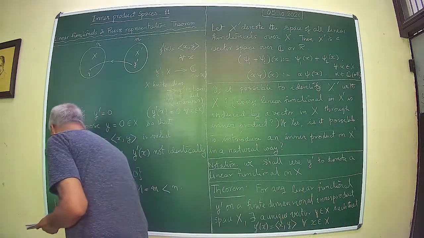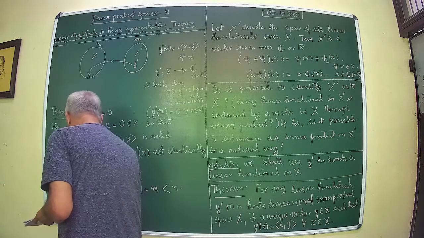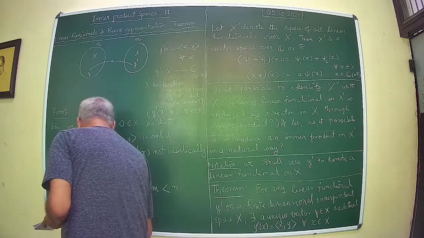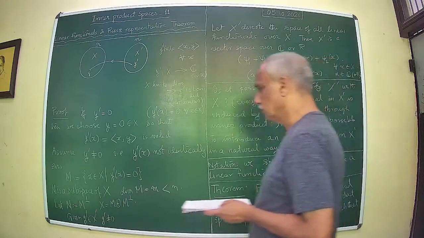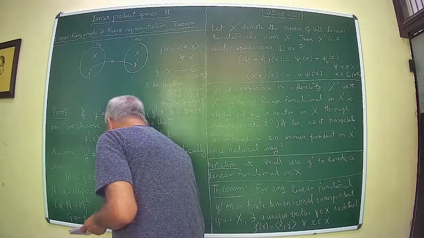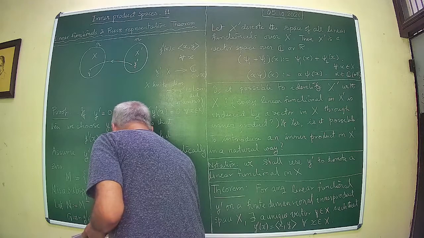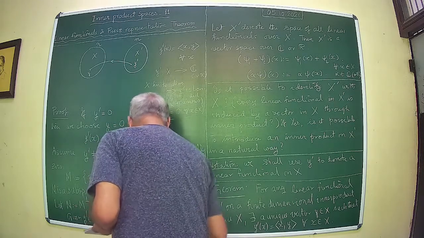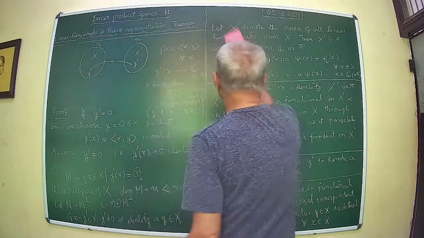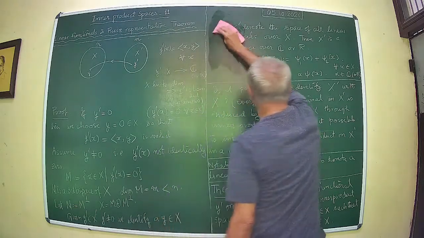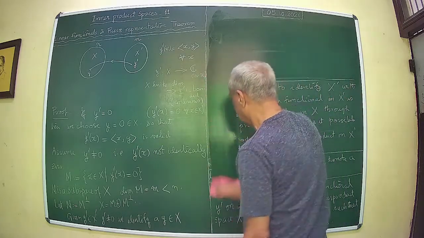Given y prime not equal to 0, we identify a y belonging to X so that y prime is represented through the inner product. So that's our task.